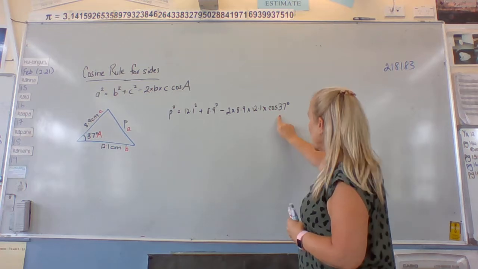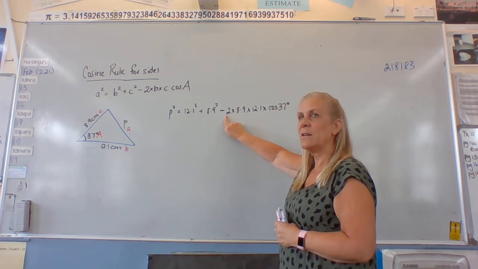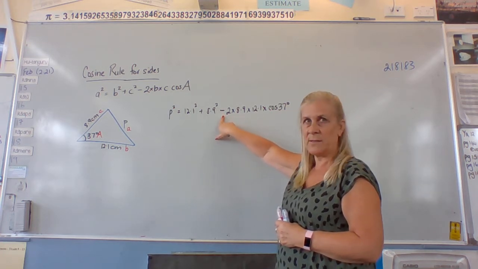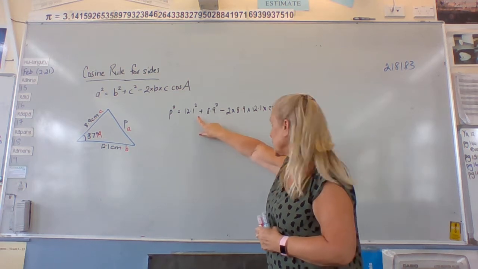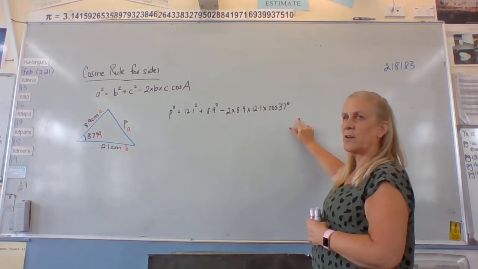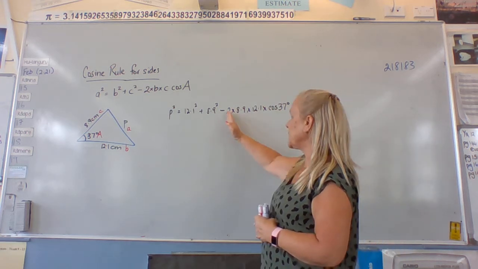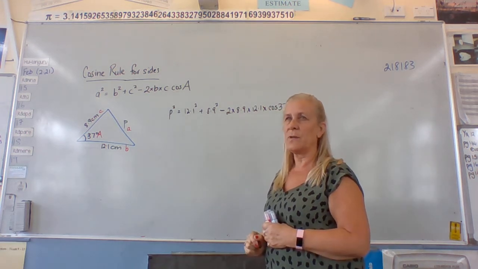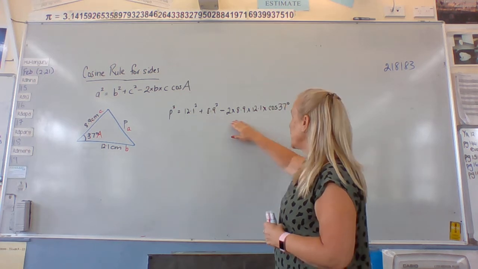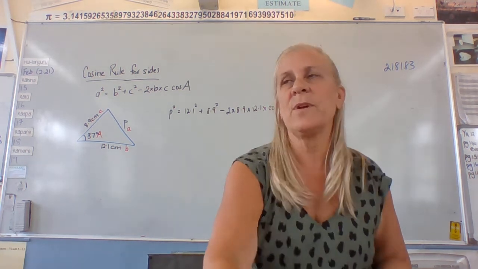Because those are all times, they're all going to be done before it subtracts. Alright, so you can just type this straight across on your calculator. Luckily the calculator knows BEDMAS and it will do this first before it takes it off. Okay, so it's really important that you type it all in really well.